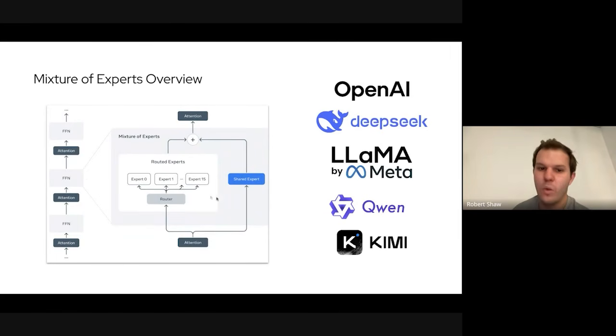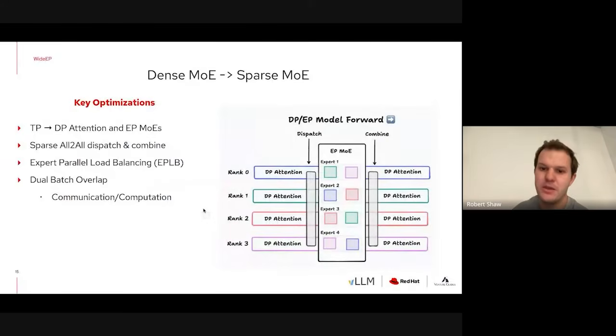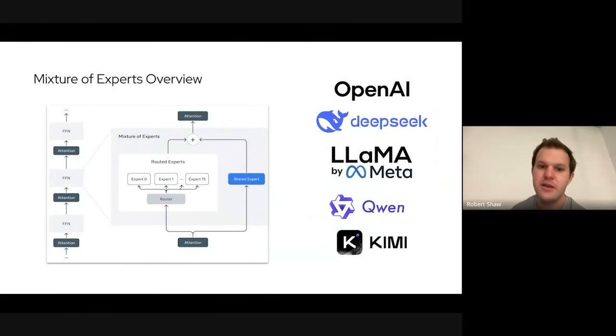Rather than using just one MLP, each token gets routed to one of n experts, and these experts are sparse. So rather than having just one set of feed-forward networks, we have n different feed-forward networks, and each token gets routed to one of the n experts, right?